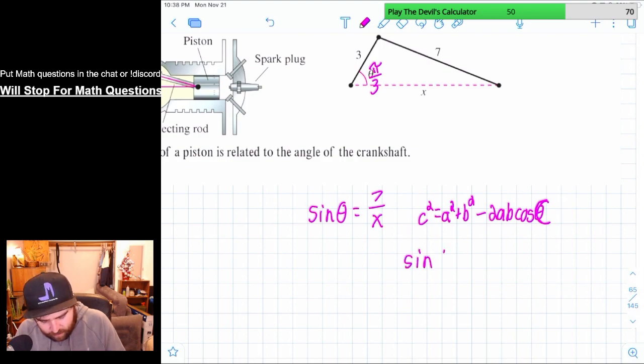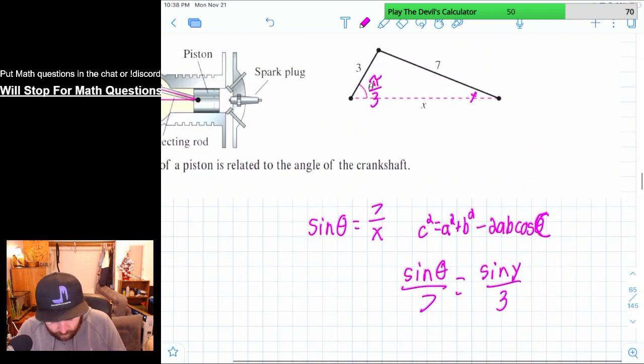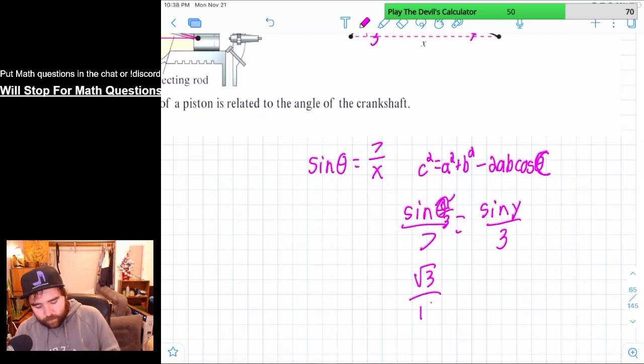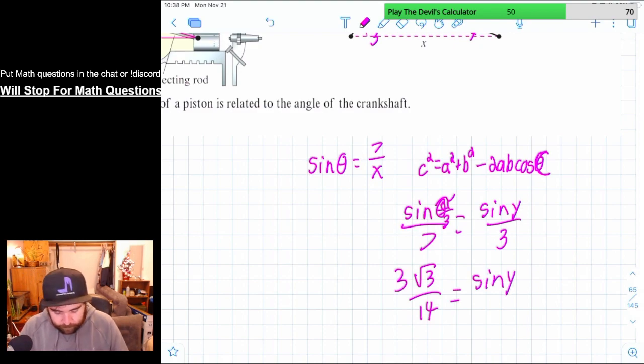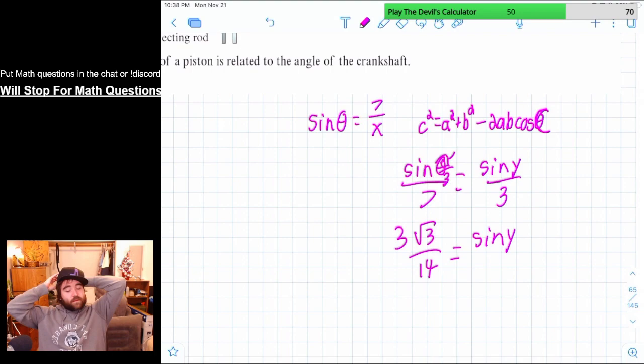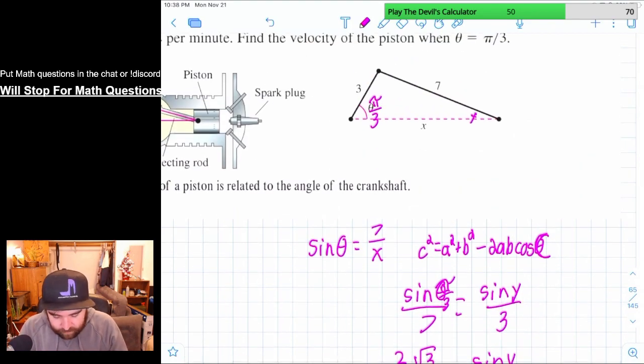I'm going to say that sine of theta over 7 is the sine of this angle over 3. And I know that this is pi over 3. So I know the sine of pi over 3, so I know this is root 3 over 14. And then times 3 is equal to the sine of y. So the sine of y equals that.